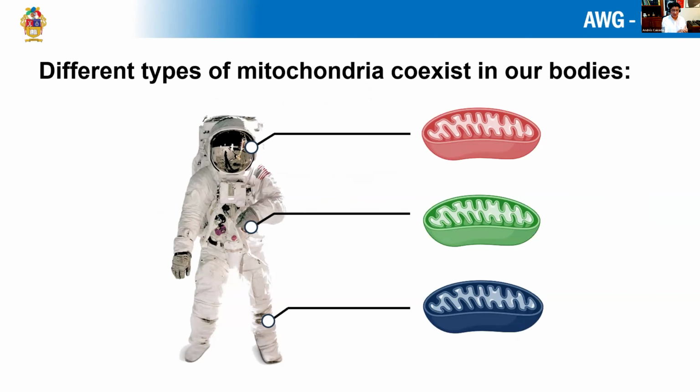For example, we have stem cells that are highly glycolytic, and when these stem cells differentiate, they activate the mitochondria. They even activate ROS production in order to differentiate into other tissue types, for example, skin and muscle and many others.